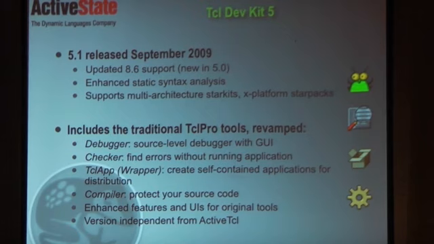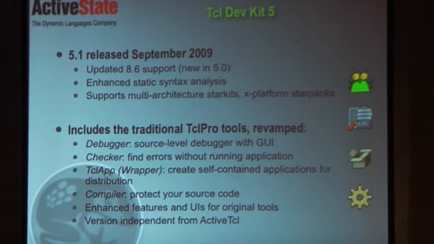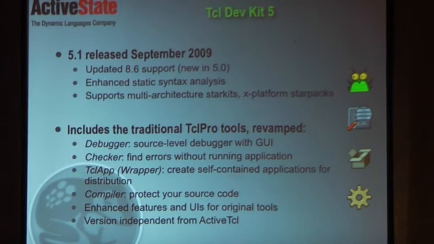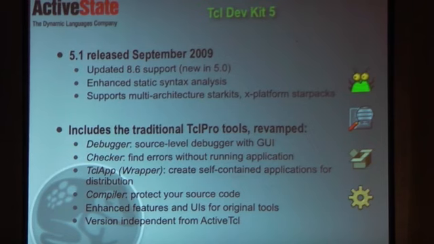Because the problem with dynamic languages is you can have all sorts of errors in your code and not know it, even if you have some level of regression tests, unless your regression tests are absolutely complete. And this thing not only finds errors, since TDK 5 it will find errors and recommend the alternate way to actually write your code.